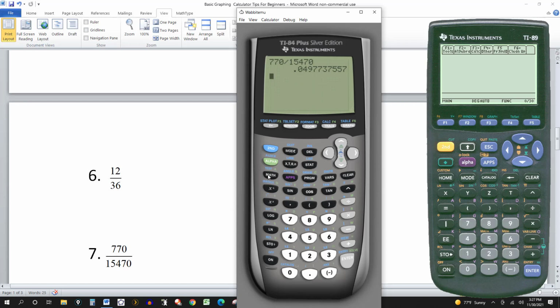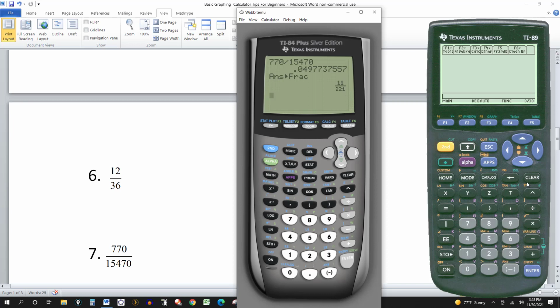So go to math, and fraction is highlighted. You can enter 1 or just hit enter. It's going to convert this previous answer into a fraction, which we already had, but notice it gives it to you in reduced form. So 770 divided by 15,470 reduces to 11 over 221.